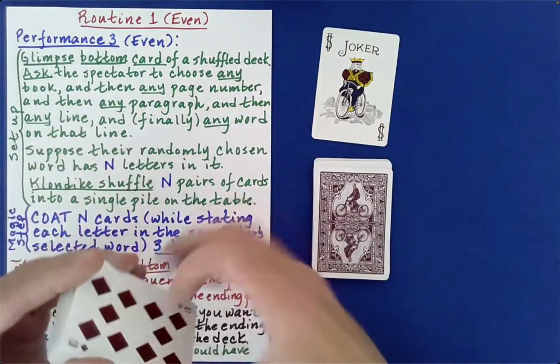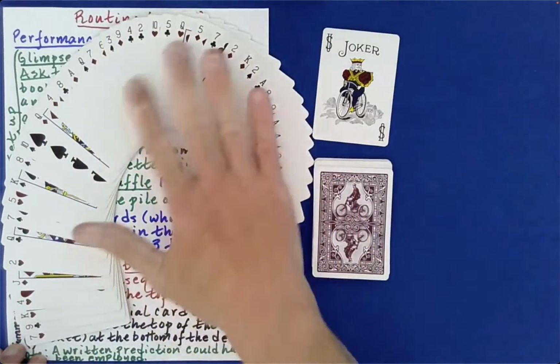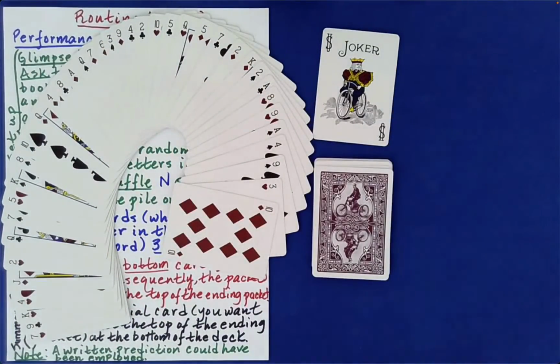And then you can display that the only joker in here is the one that they revealed at the end, by way of a random selection of any book, of any page within the book, any paragraph within that page, any line in that paragraph, and then any word that they like, kind of a beefier word.